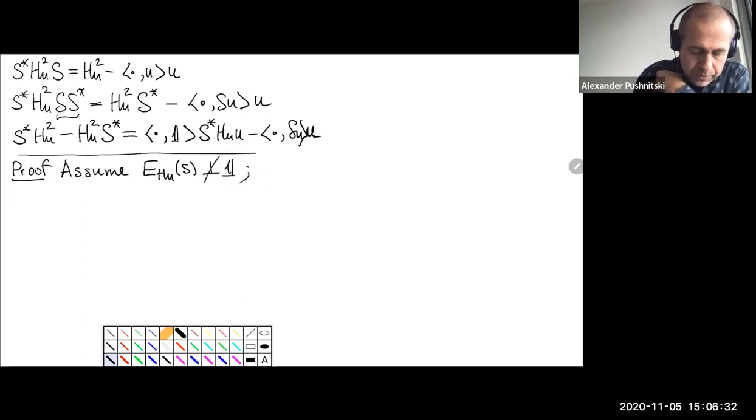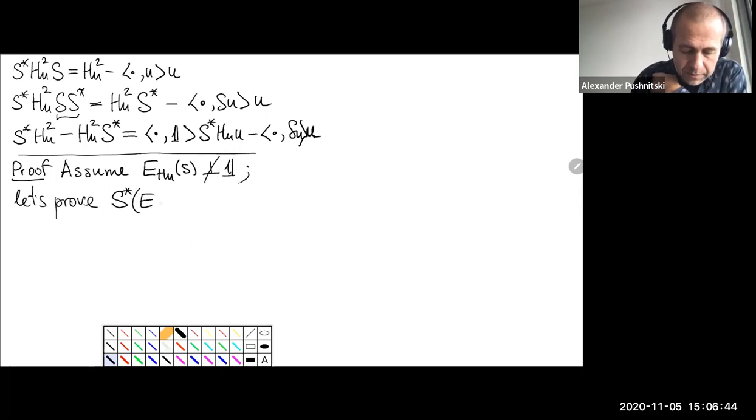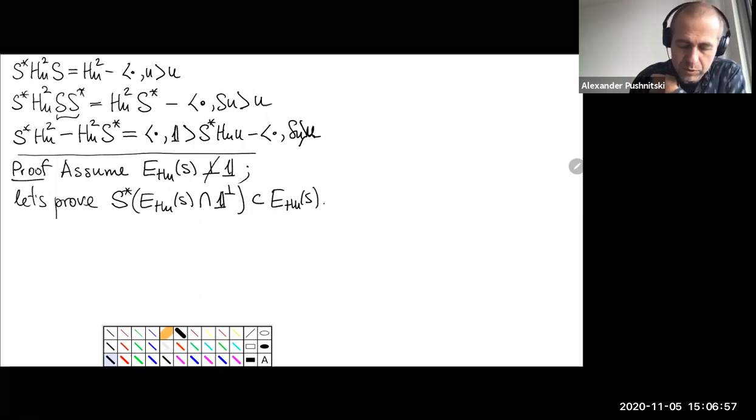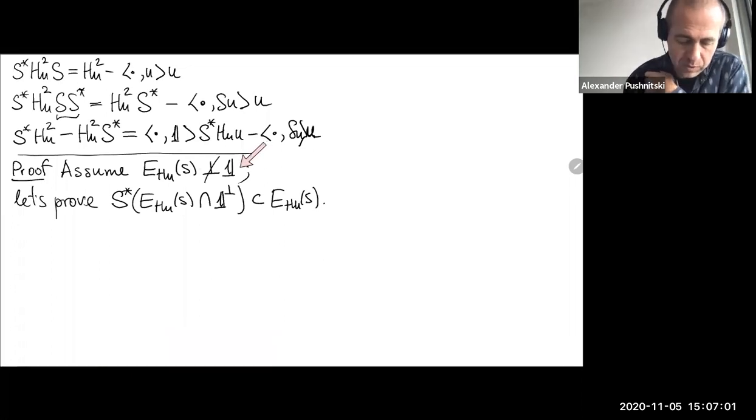And let's prove that it is nearly S star invariant. When we are done, I will explain what to do when this condition doesn't hold.